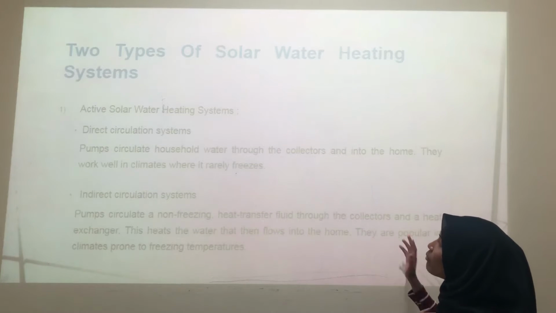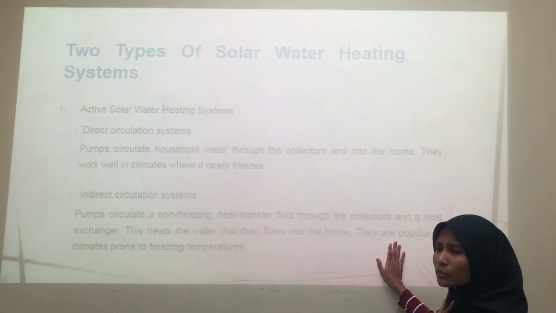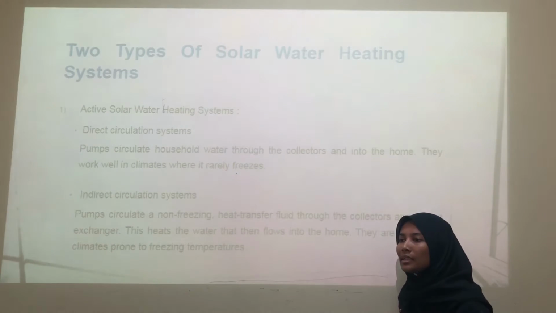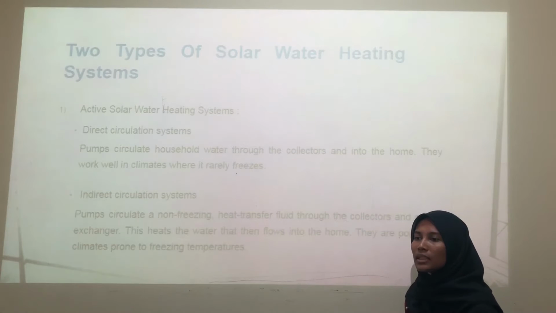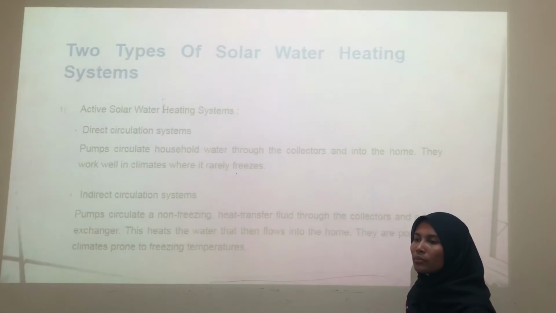They work well in climates where it rarely freezes. Then kedua, pump circulate a non-freezing heat transfer fluid through the collectors and a heat exchanger. This heats the water that then flows into the home. They are popular in climates prone to freezing temperatures.